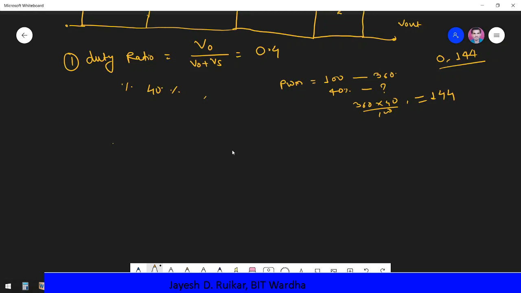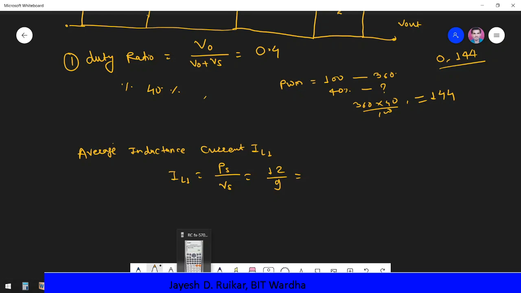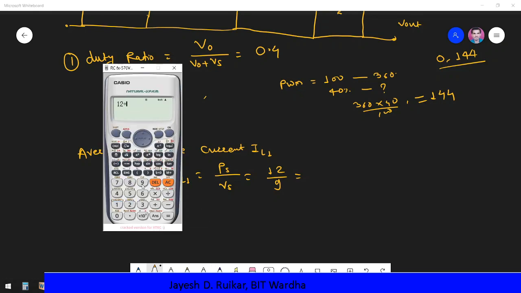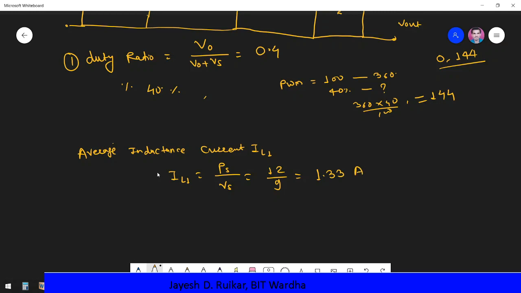The average inductance current IL1 is nothing but the power that has been given divided by Vs. So it's 12 by 9, which we can calculate as around 1.33 ampere. You can say 1.3 also.